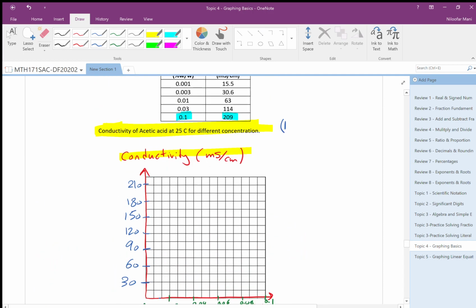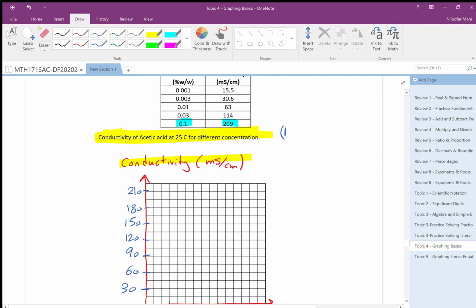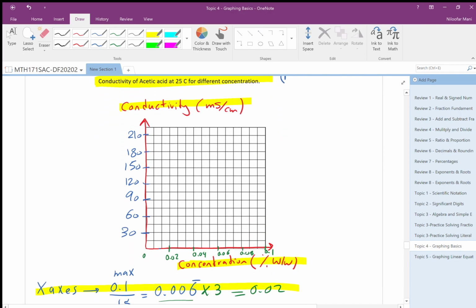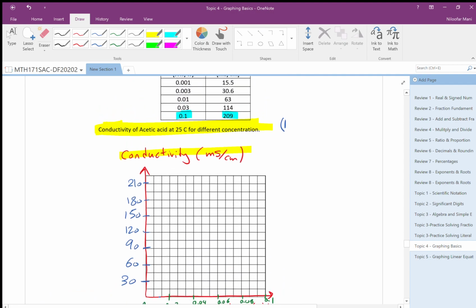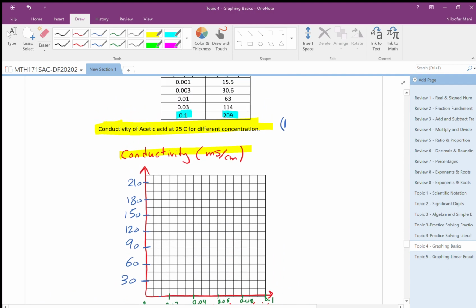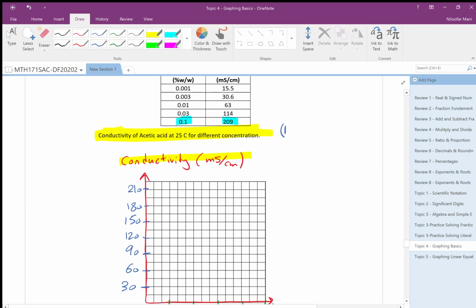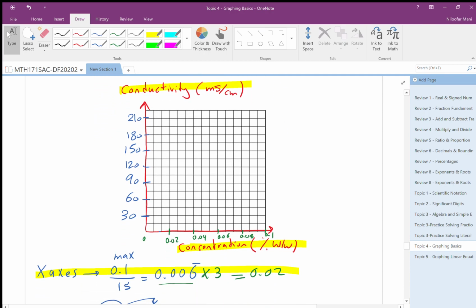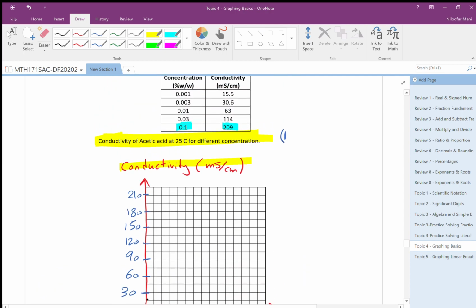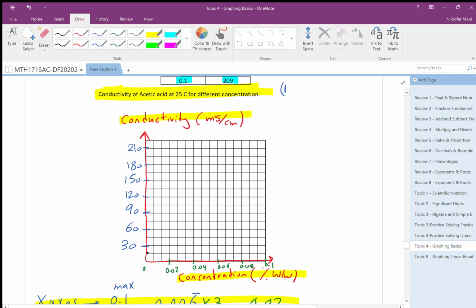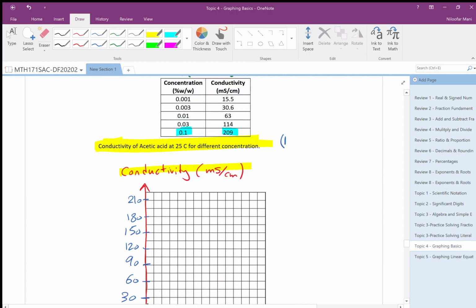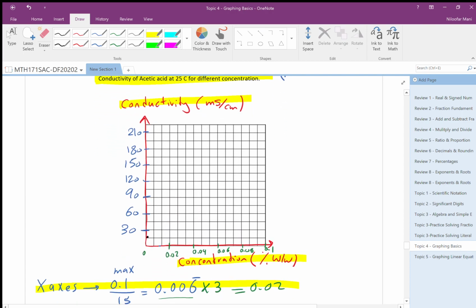So the first point is 0.001. So the middle of here is 0.01, and that's very close to 0. And 15.5, so it is almost here. The next one is 0.003, which means you go a little bit further, and 30, so it's almost here.